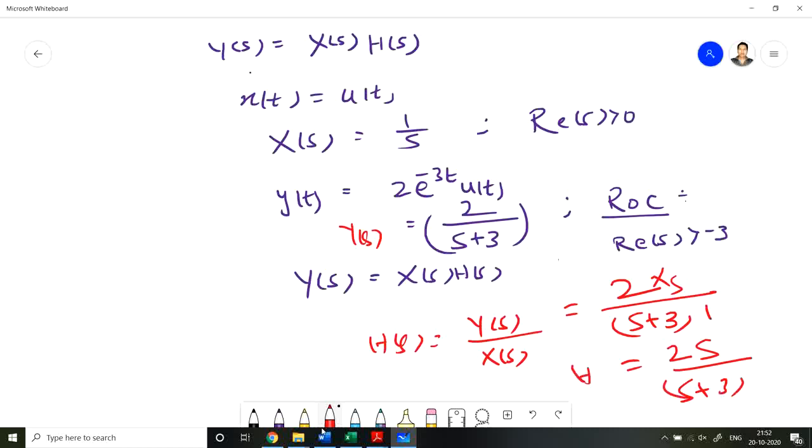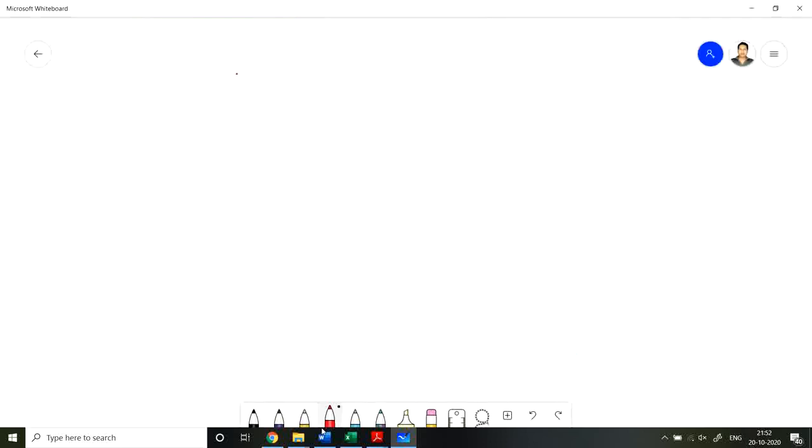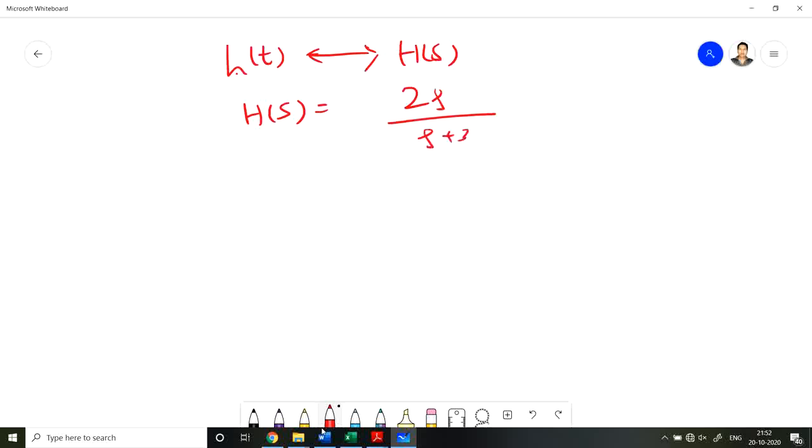Now this is H(s), the Laplace transform of the impulse response h(t), given as 2s divided by s plus 3.